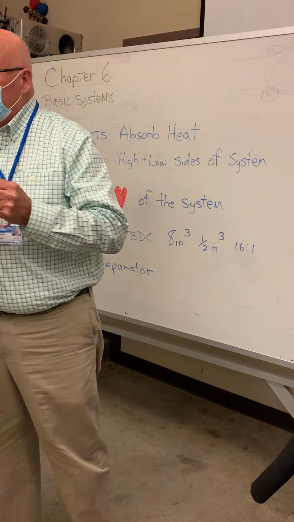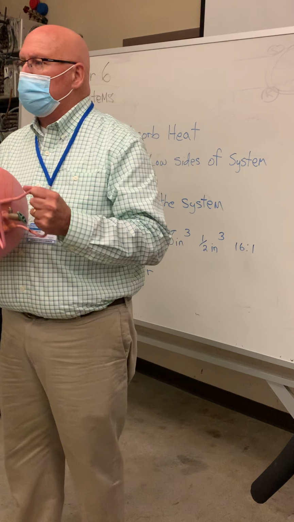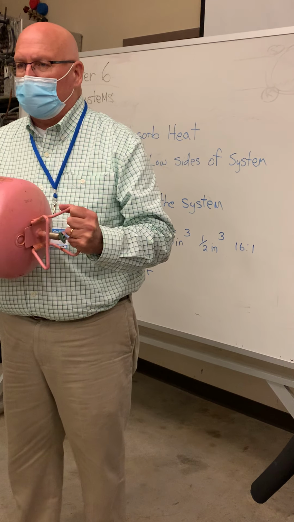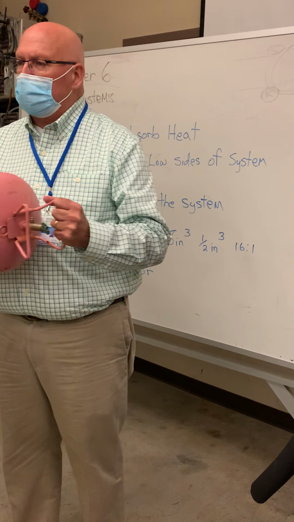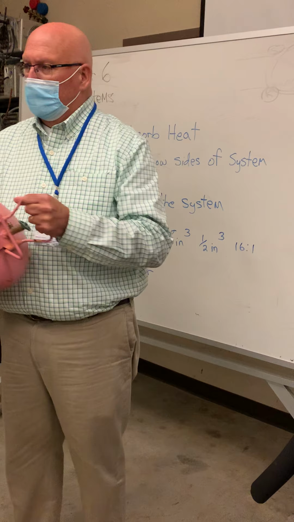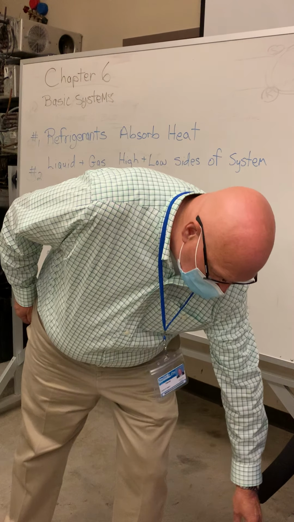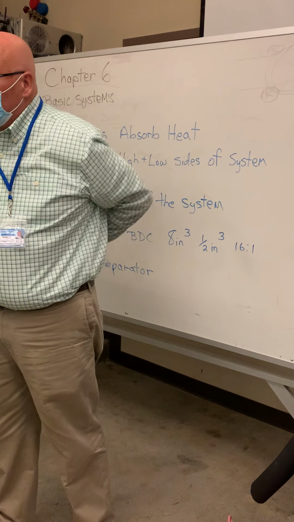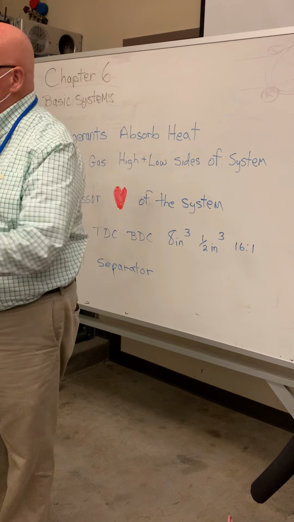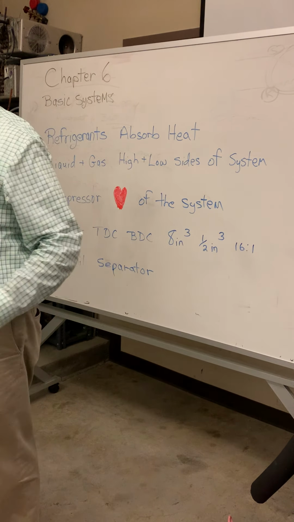The absorbing takes place in what we call the evaporator. The squeezing of the sponge takes place in the condenser. In the evaporator we absorb the heat, and in the condenser we get rid of it. The condenser is on the outside of the house.